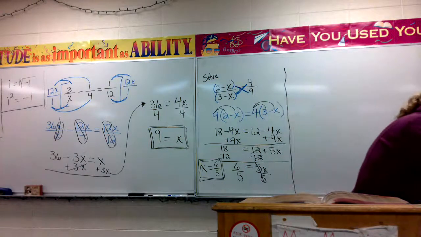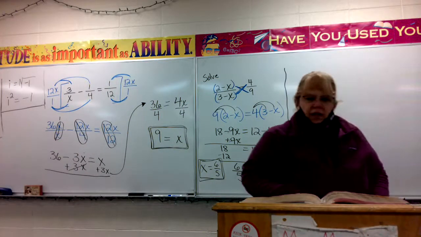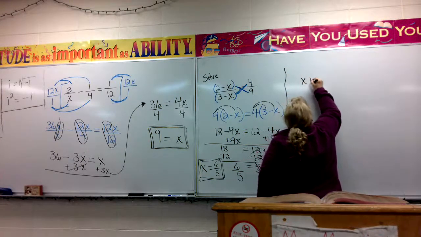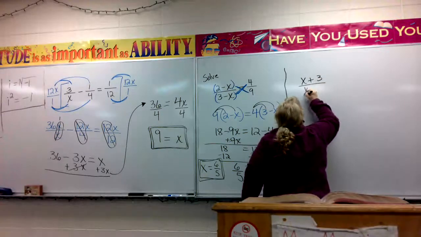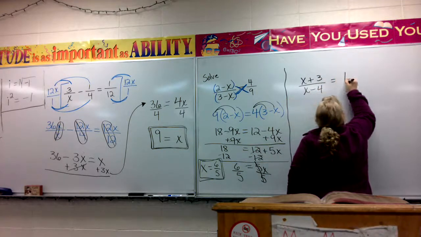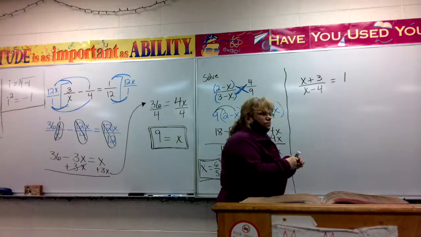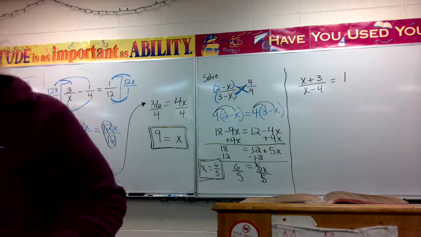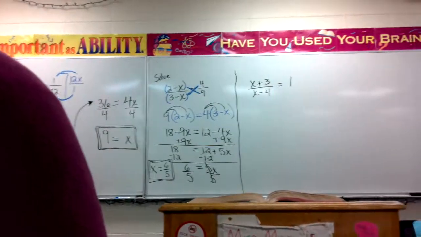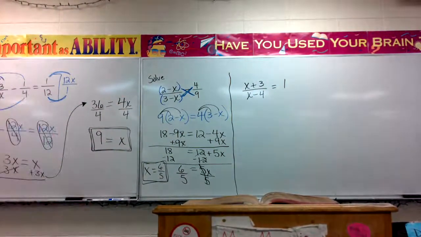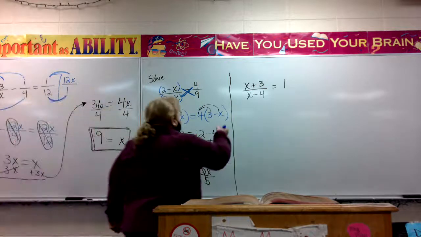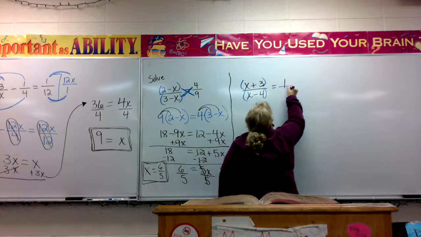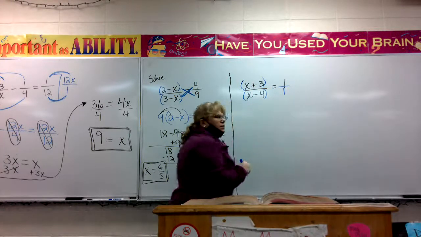I got something else to show you. x plus 3 over x minus 4 equals 1. Parentheses right away. So here, can I put a 1 under there right away?